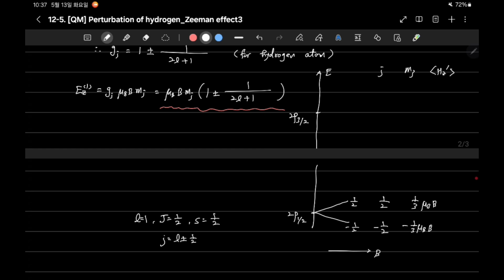In the case of 2p 3/2, there are 4 possibilities. One is J equal to 3/2.